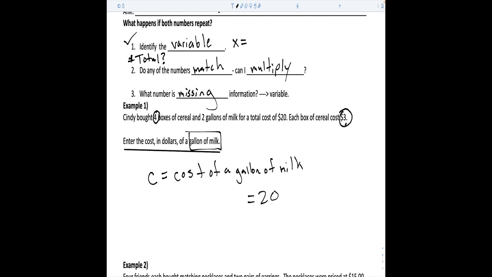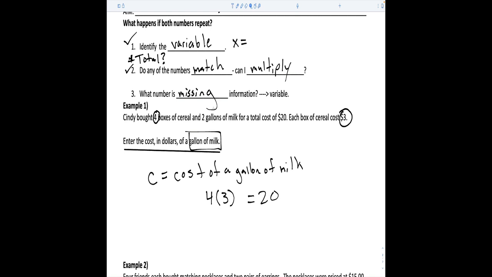Since this is talking about cereal and this is talking about cereal, you're going to multiply those 2 numbers together. So we can do 4 times 3. Write that next to the equal sign. Since this is the cost per box, I can come up with a solid whole number. 4 times 3 is 12.